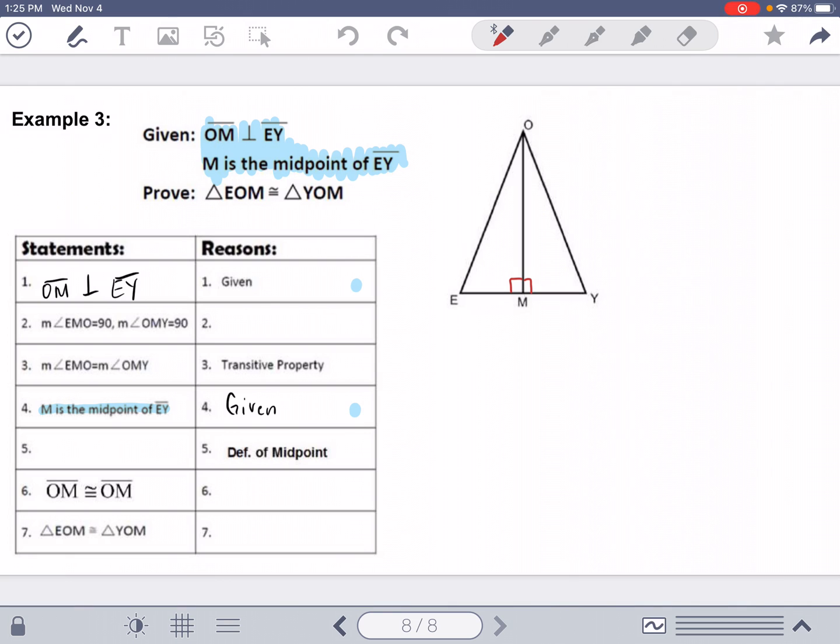How do I know that? Well, does something up above it indicate why that would be so? Well, in statement 1, I said they were perpendicular. Perpendicular indicates 90 degrees. So if they're perpendicular, there's a 90-degree angle there. How do I know that? Definition of perpendicular.